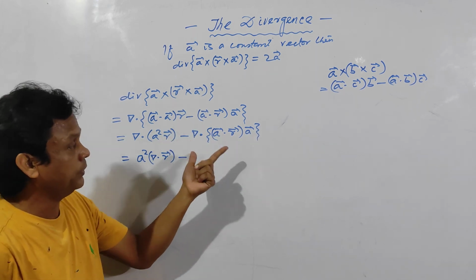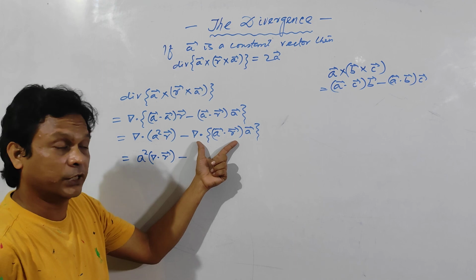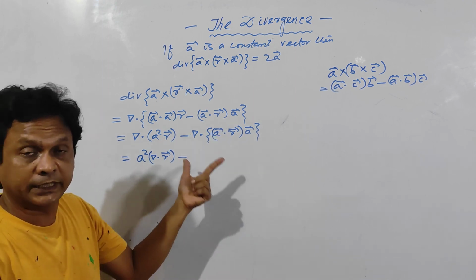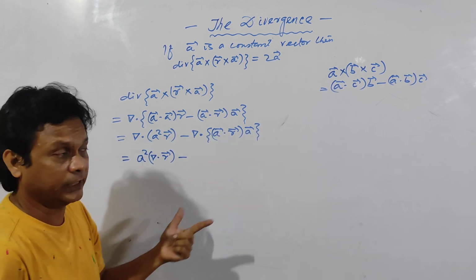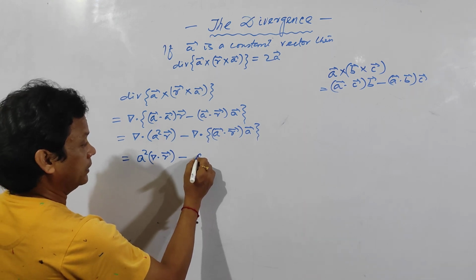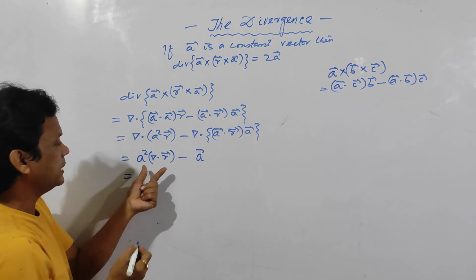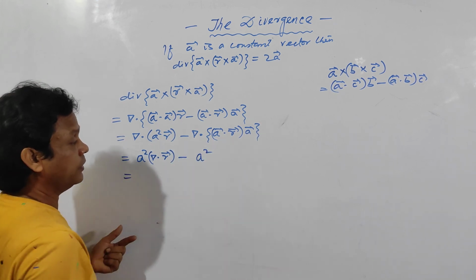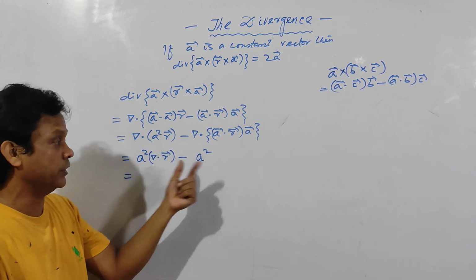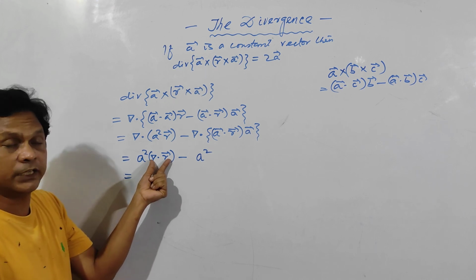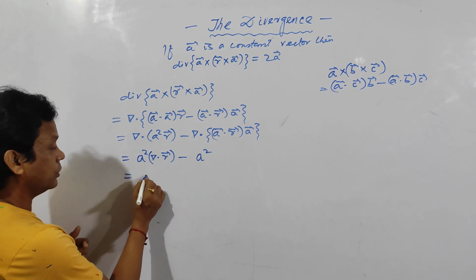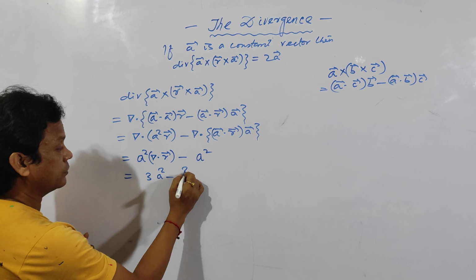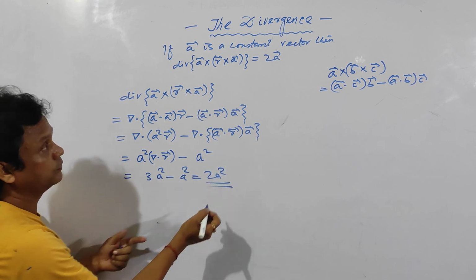Here in my previous problem I have already proved it, but you should do the proof in detail in the exam. So I am writing directly. This is A vector. And this was A square, not A vector: A vector dot A vector is A square. What is del dot r? It is 3. So 3 into A square minus A square is equal to 2A square, which is your proof. Clear?